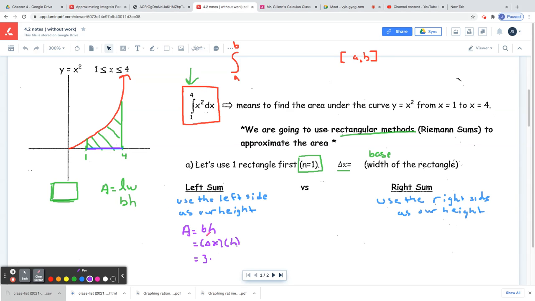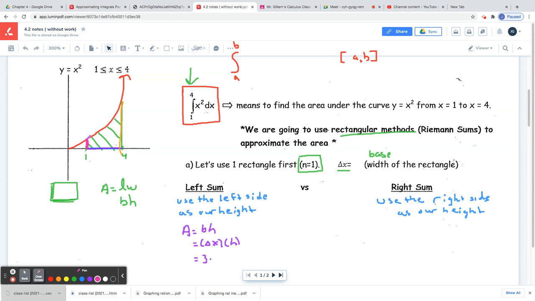It's either that little pink side or the orange side on the right. You see how there's two heights there? Since we're doing a left sum, I'm going to do the pink side because that's the left.